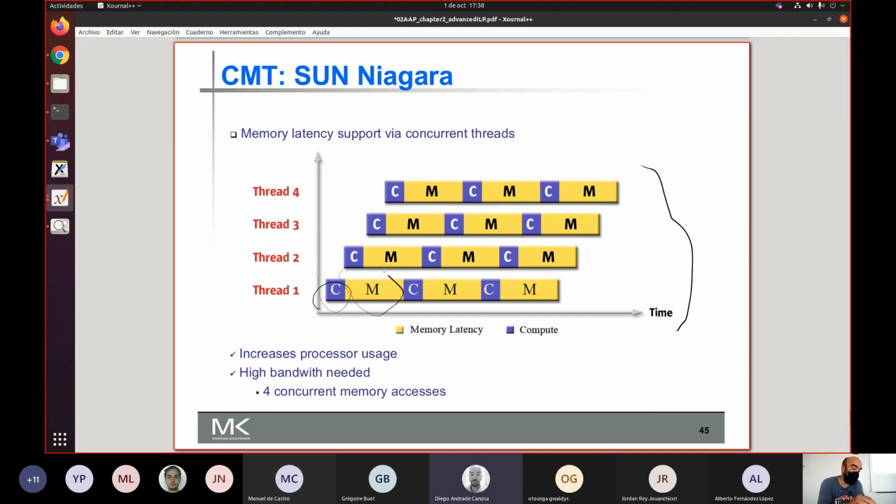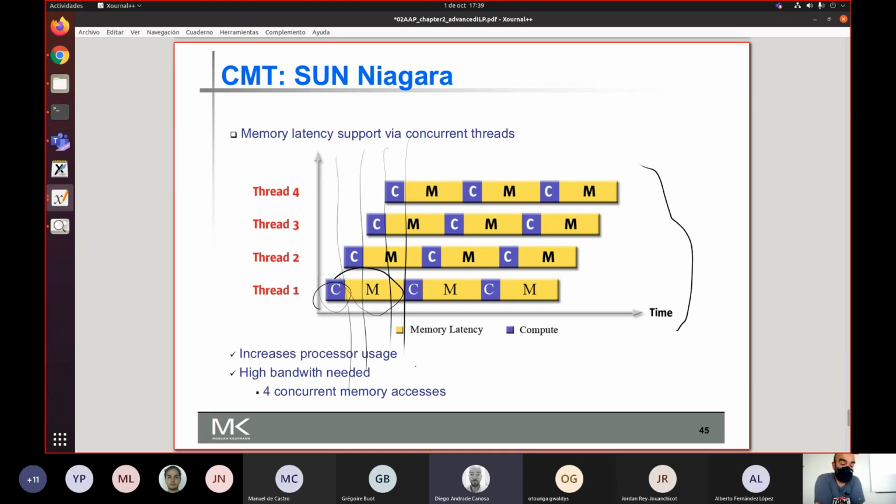But if you divide this vertically, you are going to find that, in this case, you have only one processor. Yes, this is one core of Niagara. What happens in the whole architecture is in the next slide.